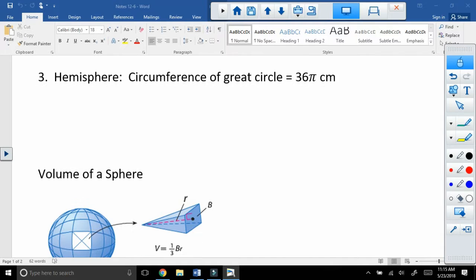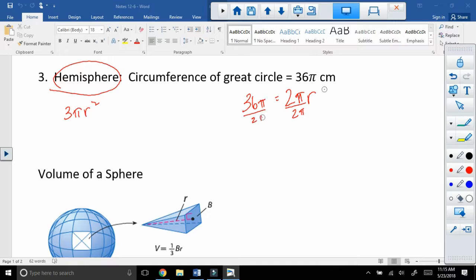Okay, the next one, they give you the circumference of the great circle. You can't do the same thing here because they're not giving you the area, they're giving you circumference. So circumference is this, I want to find the radius. So the circumference is 36 pi. I'm trying to find the hemisphere, which is 3 pi times the radius squared. So I'm dividing them each by 2 pi. So the radius is 18 centimeters.